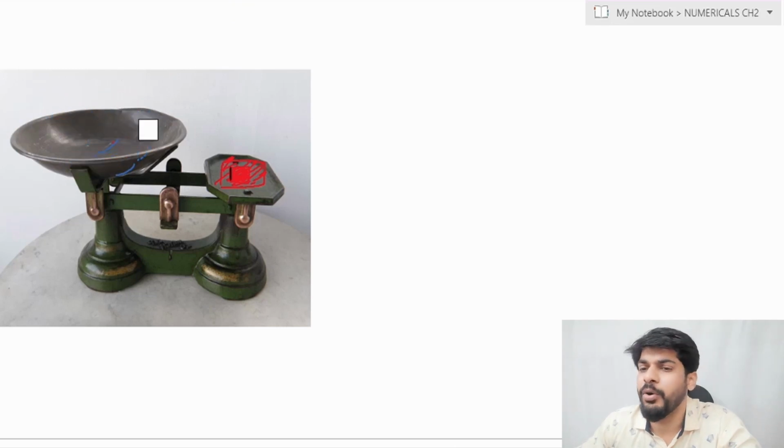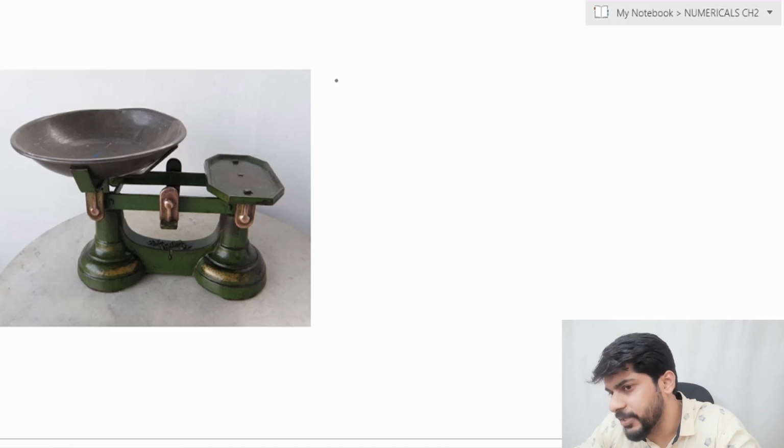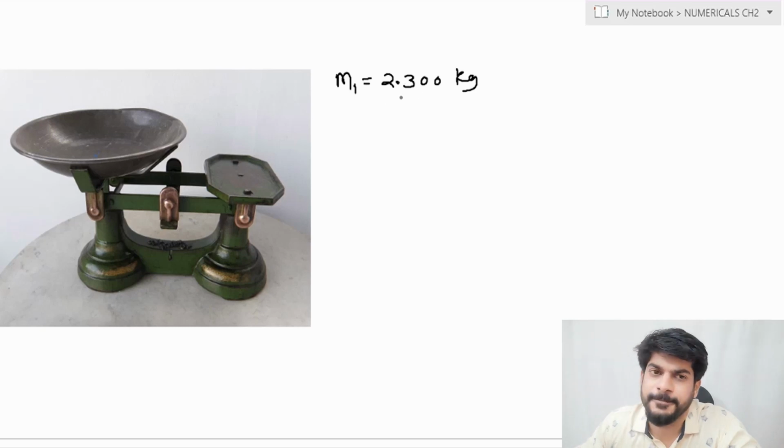Now look at what we have got here. Using the grocer's balance, the mass of the box is 2.300 kg. Look at the precision here. It has been resolved up to the third decimal place.